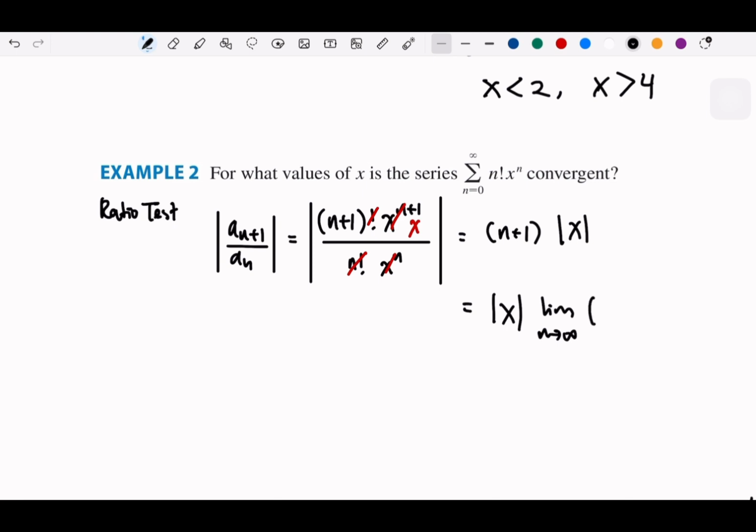I prefer to evaluate the limit at the end, just to keep the calculation and simplification nice and clean. And then we see that when we take the limit, the result is infinity, right?